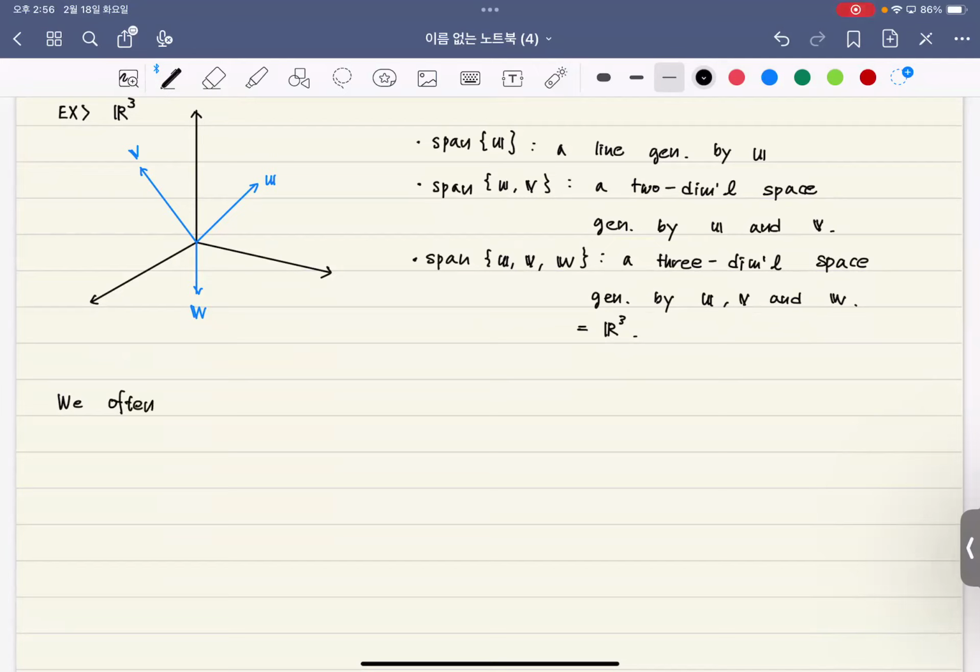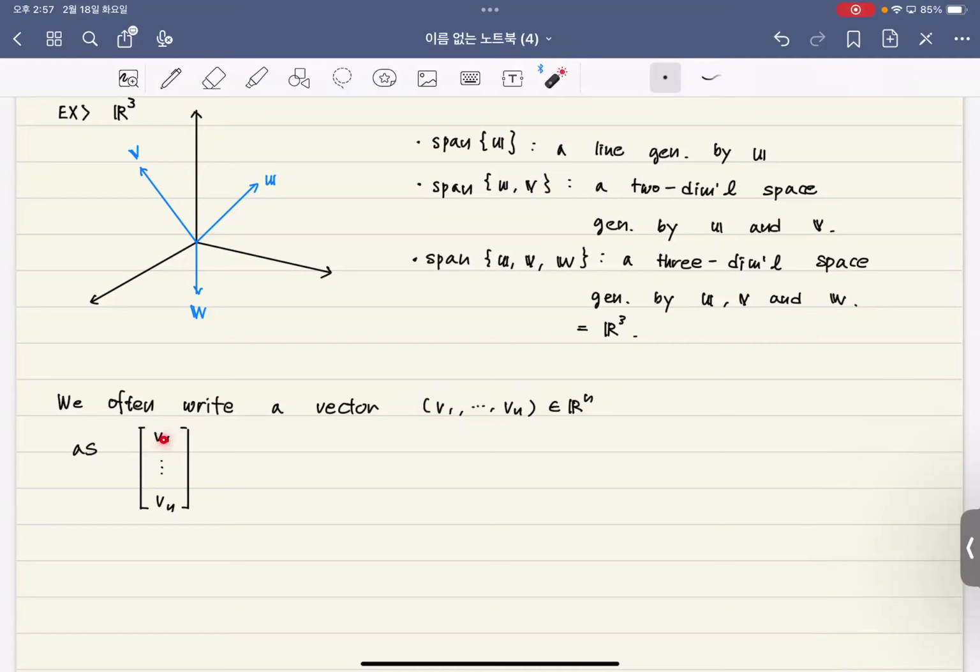From now on, even if we write a vector in Rn like this in a horizontal way, we will be writing that vector as a vertical stack of components from v1 to vn.